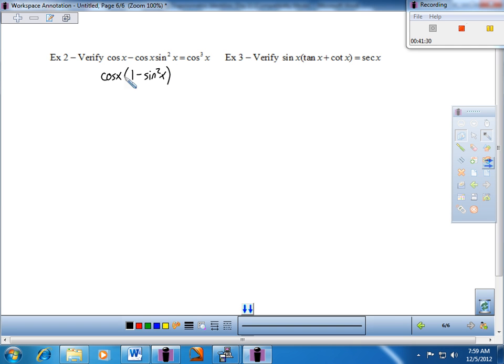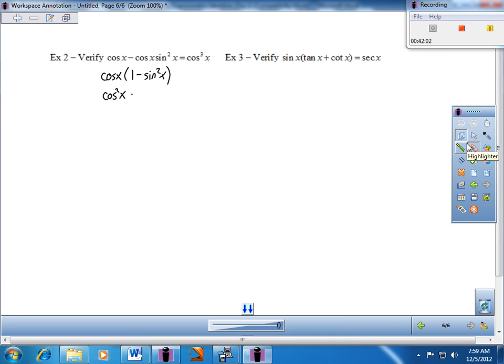What is 1 minus sine squared? Well, by definition, from our Pythagoreans, everybody, oops, sorry, I missed that. Let me quickly fix. By definition, 1 minus sine squared is cosine squared. So what we do is we literally replace, as an identity, cosine squared in place of 1 minus sine squared.